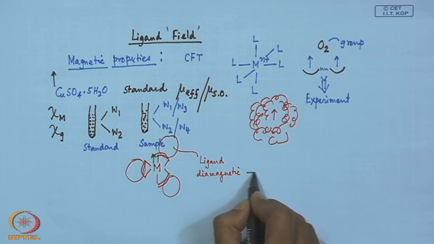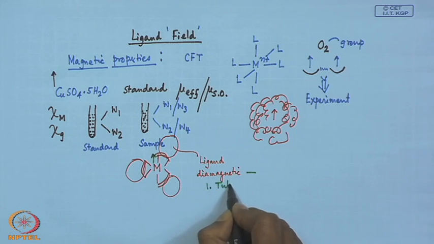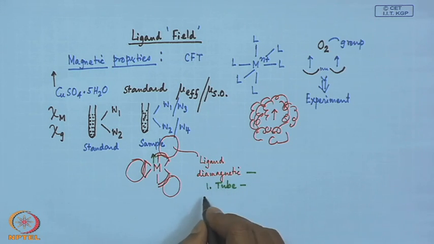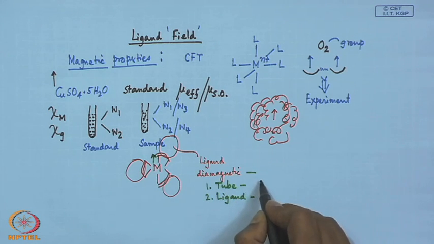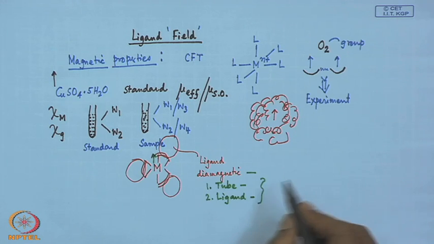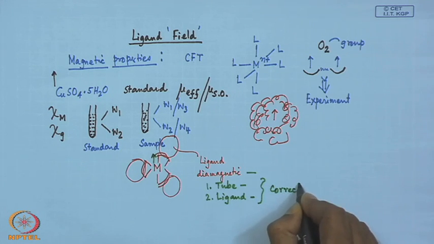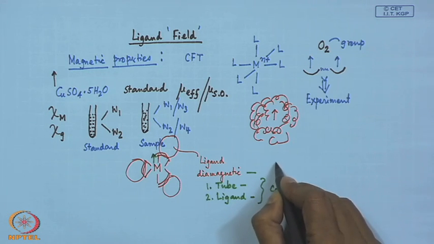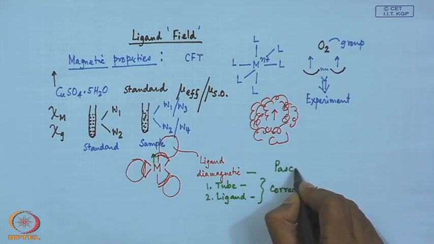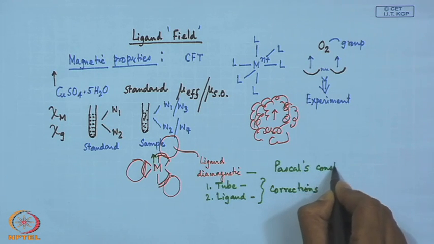So, for that also, one is the tube that we are using for measuring, and two is the ligand part. These two we have to use for the diamagnetic corrections, and for that standard tables are there, which are Pascal's constants.